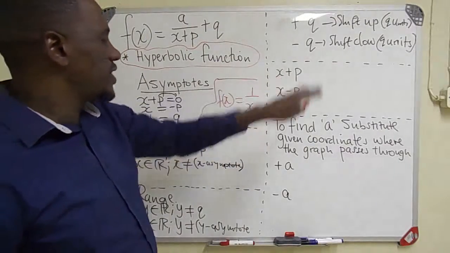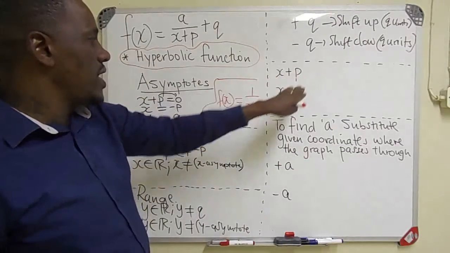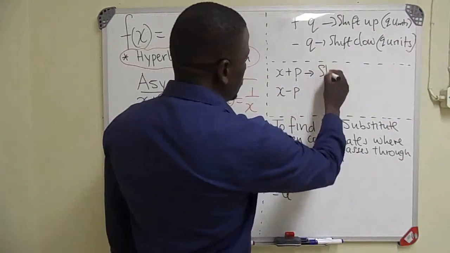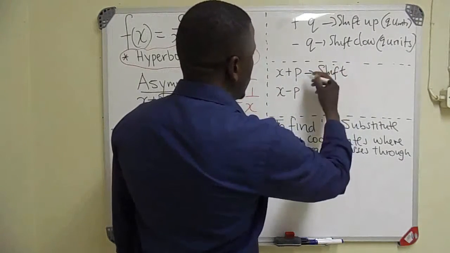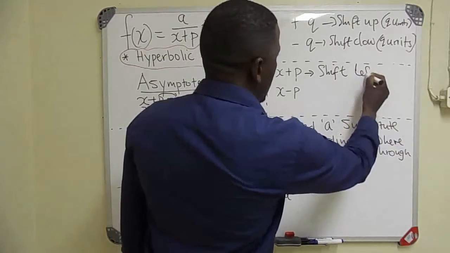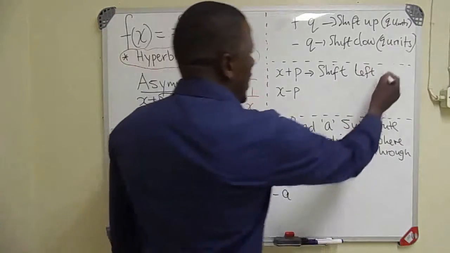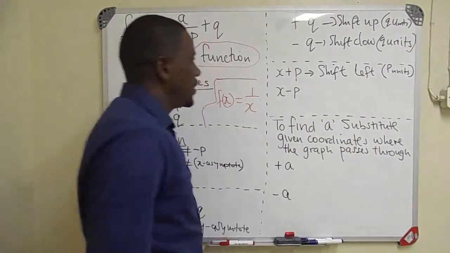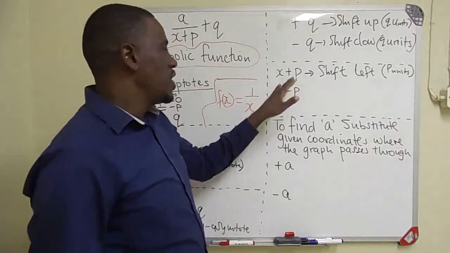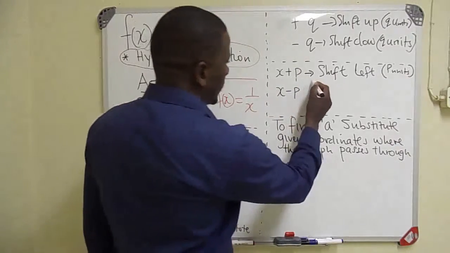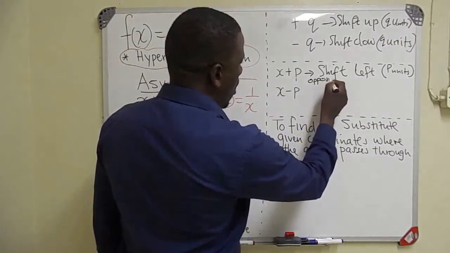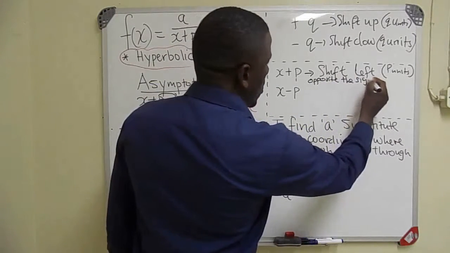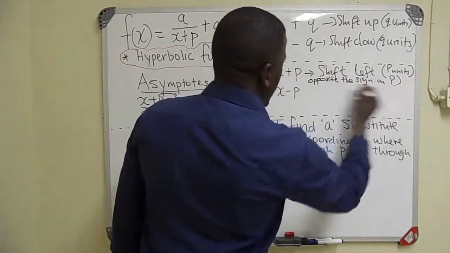We have x plus p, x minus p. This one here is a shift left by how many units? p units. So when we are shifting here, you move opposite the sign on p.